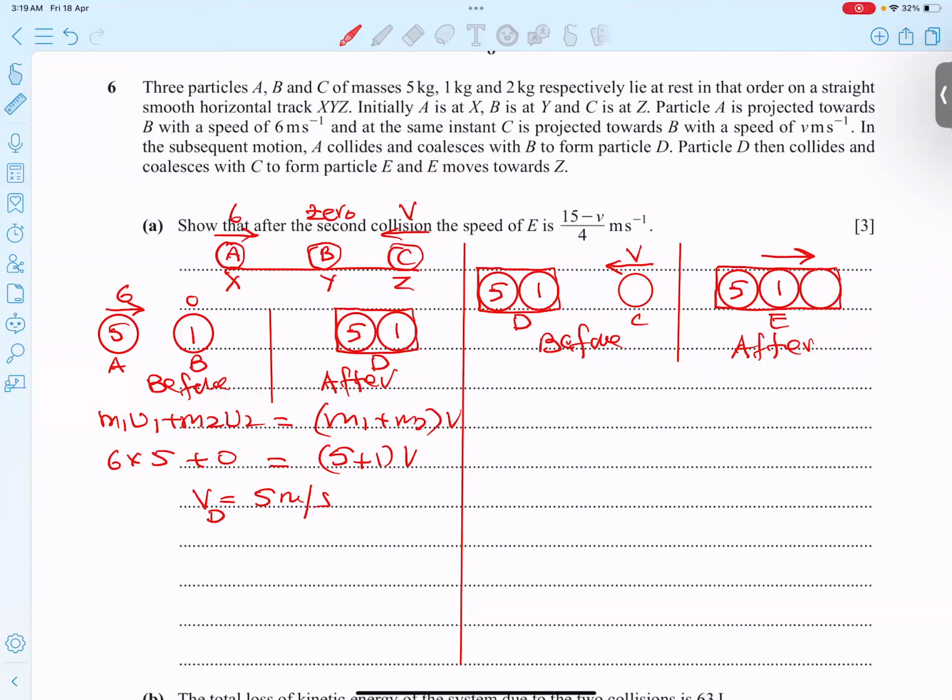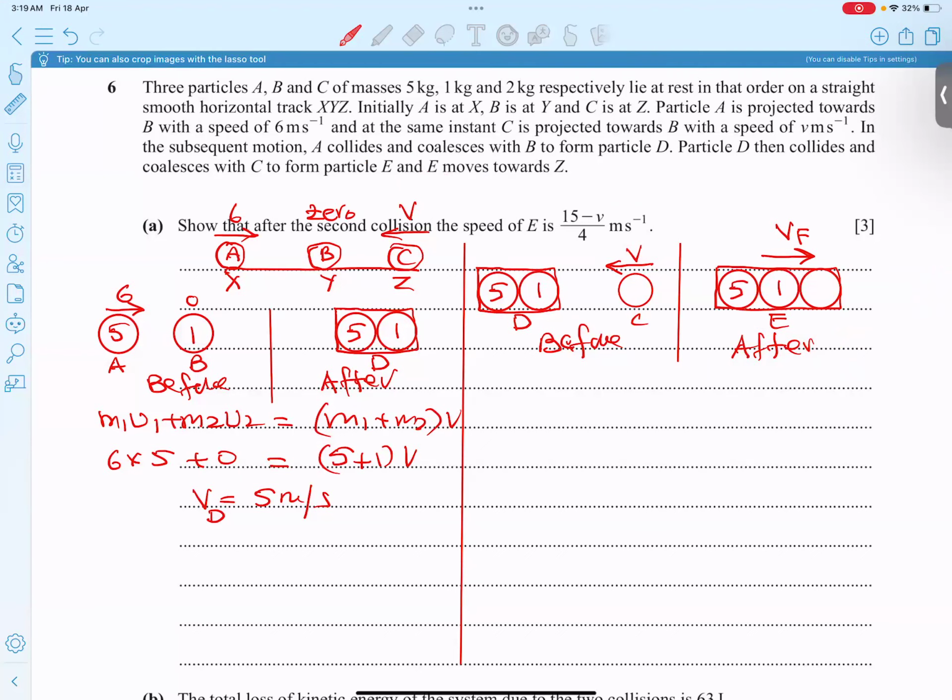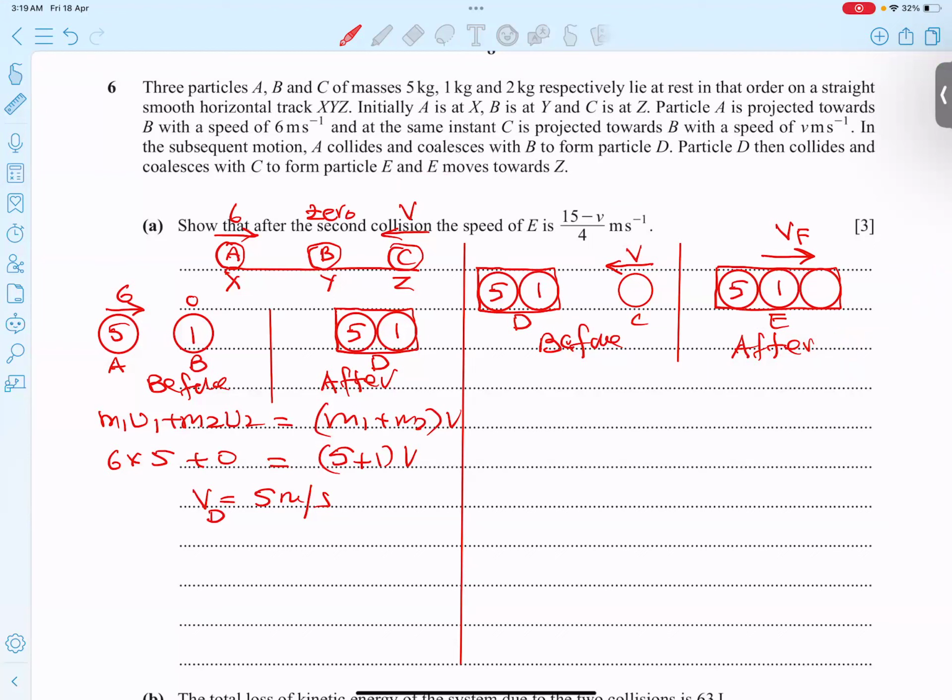Okay students, now let's see. Let the speed after be V final, VF. What is the formula? Again, same formula. You know it very well. The product of the speed of this, we have already 5, and the mass is 5 plus 1, 6. 6 times 5 is 30.